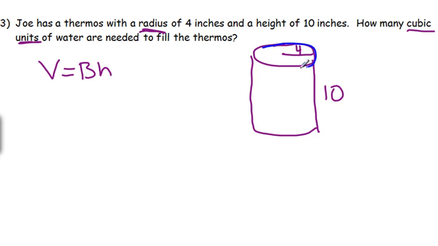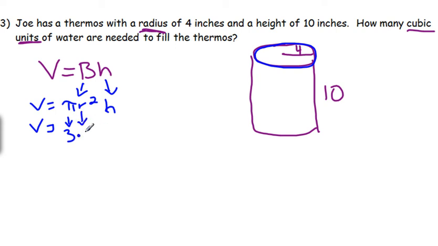Our base on this is a circle. So we know to find area of a circle is pi r squared. And all that is times the height of the shape, the cylinder. So now we can fill in our numbers here. So we can say that pi is, and let's just use 3, because again, I don't want to take all night multiplying.